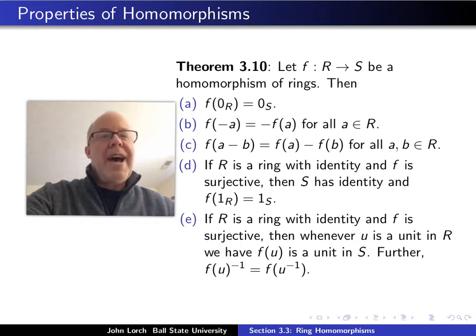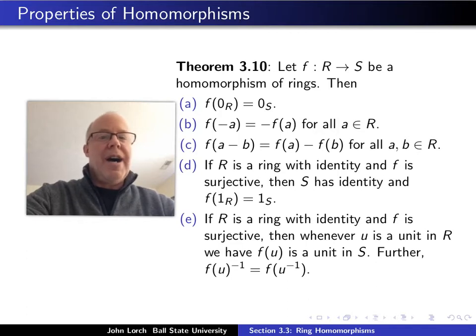Suppose we have a ring homomorphism F from R to S. Then there are some things that must happen. First, if you apply F to the zero element in R, the output has to be the zero element in S. It can't be anything else.